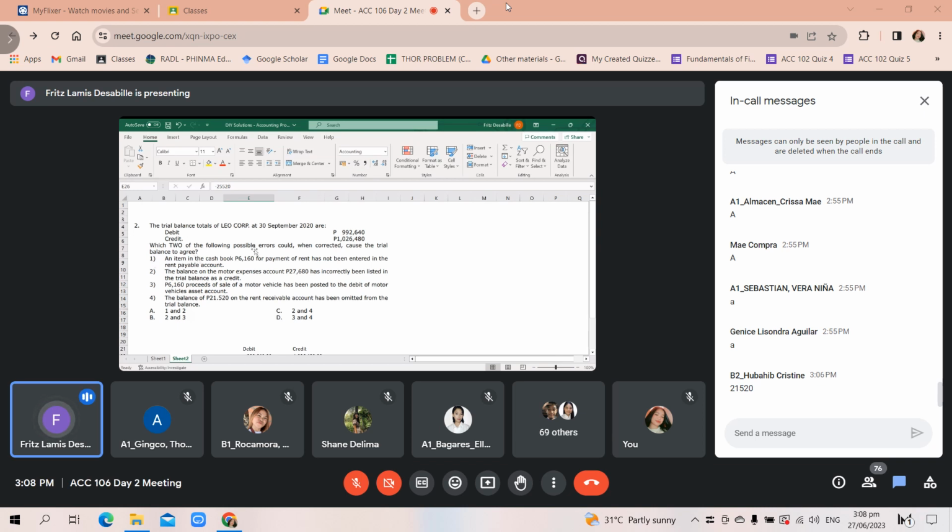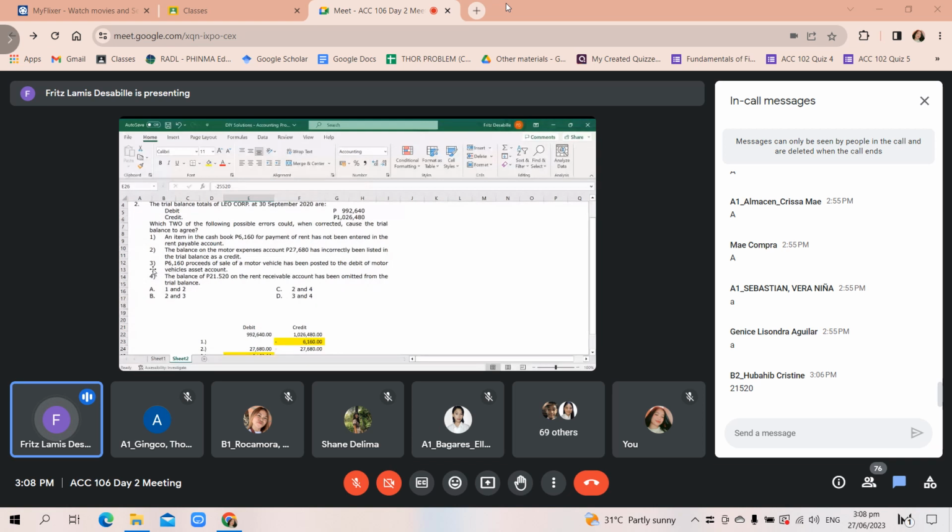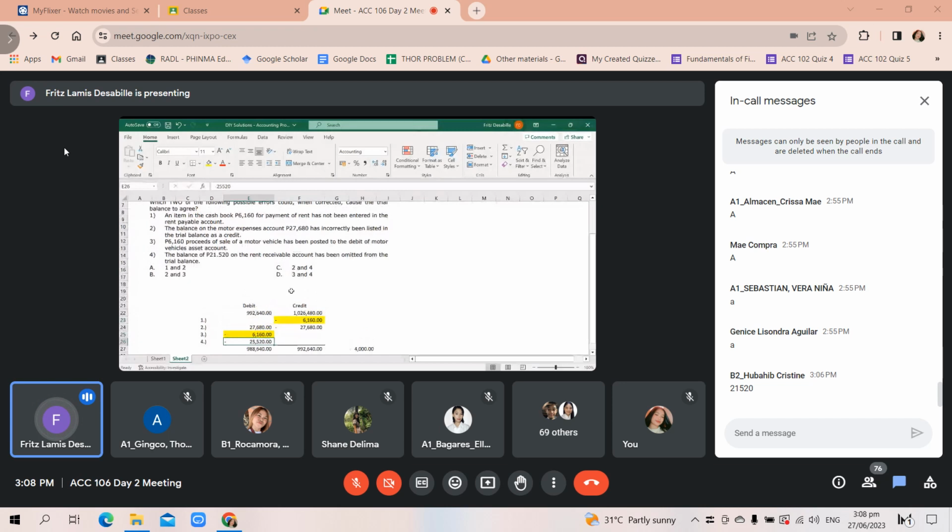Kaya karoon ako realize nga ang 1 and 3, offsetting siya. So therefore, the error in 1 is corrected by error in 3, and the error in 3 is corrected by the error in 1. Now, ang effect sa error sa 2, kay the balance of the motor has been incorrectly listed in the trial balance as a credit. So na-list siya sa credit, so tangtangon siya sa credit, ibutang siya sa debit, kamo na siyang tama.